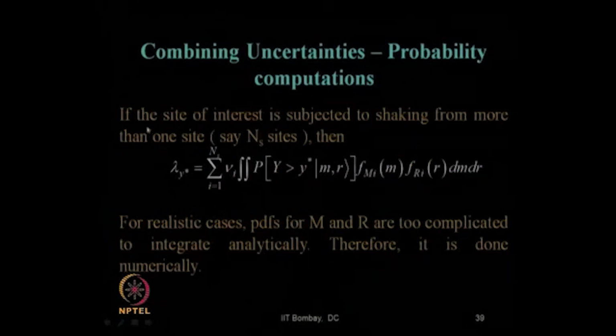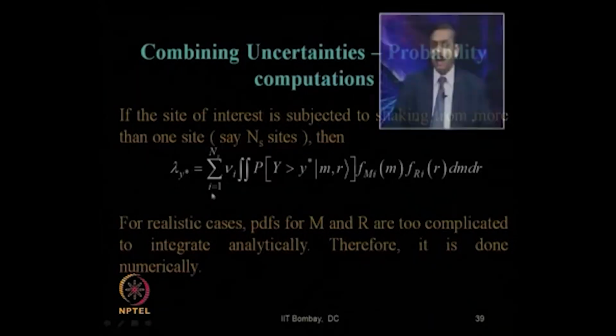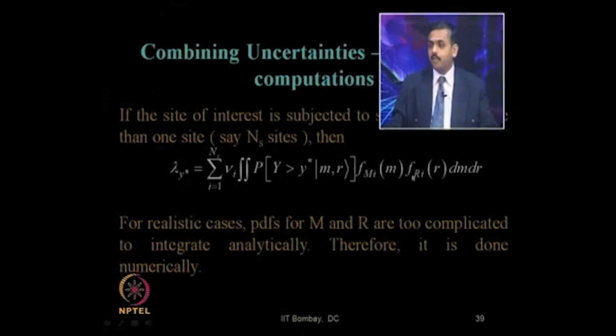Now, if the site of interest is subjected to shaking from more than one source, that is, ns numbers of sources, then while obtaining that lambda y mean value of exceedance of y star, you should consider all the effects coming from all the sources, that is, the sum of i ranging from 1 to ns of this integration of the probability.